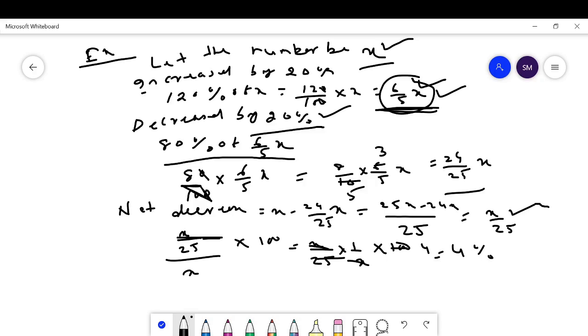Total decrease is 4%. Hence the net decrease is 4%.